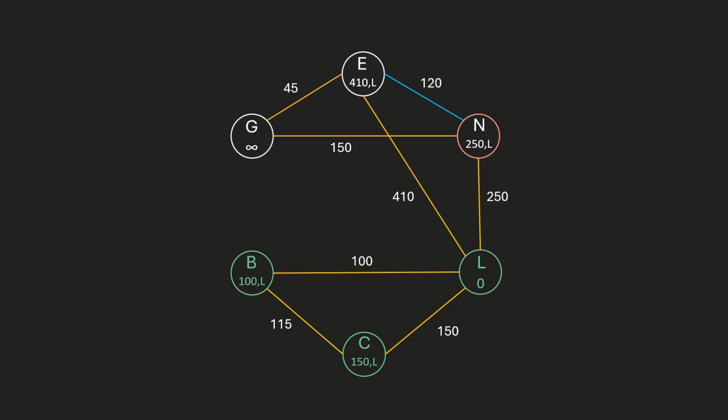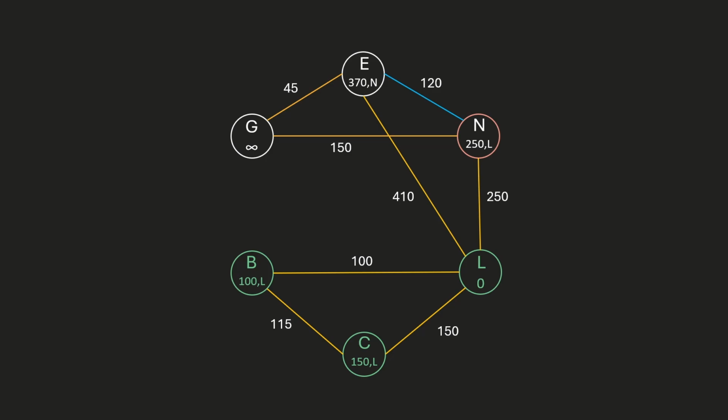So we can update Edinburgh's total cost to be 370. And we will set the parent node of Edinburgh to now be Newcastle. What this means is it's faster to get to Edinburgh through Newcastle rather than going directly through London. So we found a new optimal path.